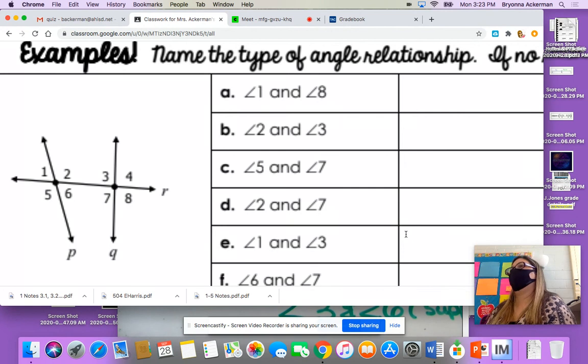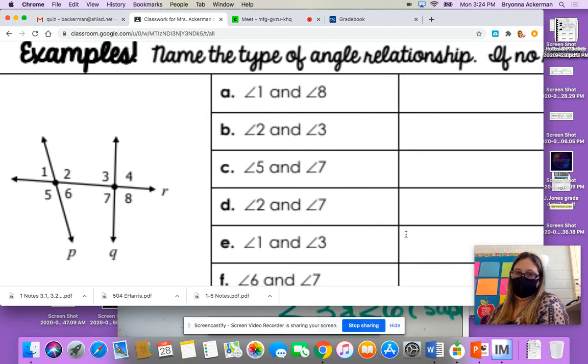What about 5 and 7? Are they both interior or both exterior? No, so the only one that deals with both is corresponding. And are they truly in the same position? If I turn sideways, 5 is the top left of that line P. What's the top left of line Q? 7. So they are corresponding. Be careful because they sometimes try to trick you with those, okay?